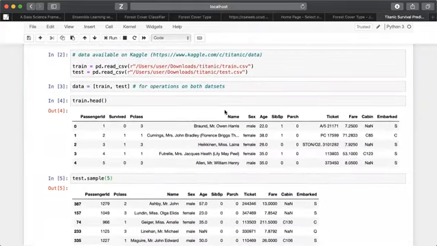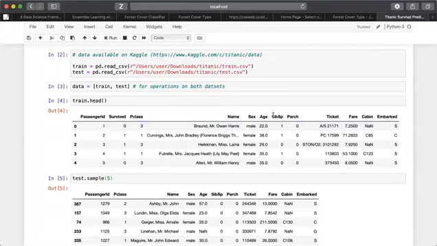The fourth column is the Name column. If we see this column, the first part is the last name, and thereafter it is Mr., Miss, or Mrs. The next column is Sex, comprising male and female. Thereafter, the Age column.